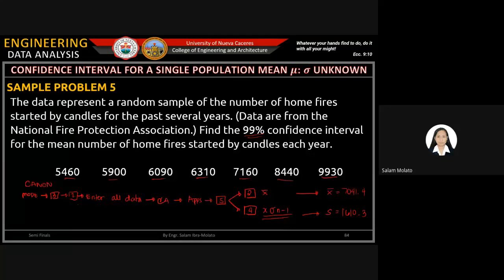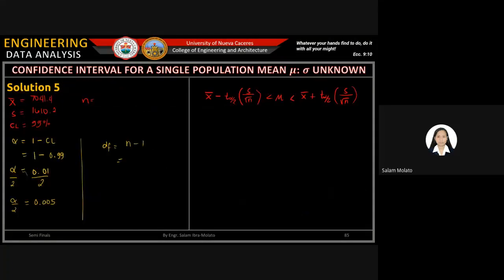Ah, ito pala. We just need to count. The row. That's 1, 2, 3, 4, 5, 6, 7. Okay. So, 7 yung n. So, n is equal to 7. Therefore, 6 yung DF natin.